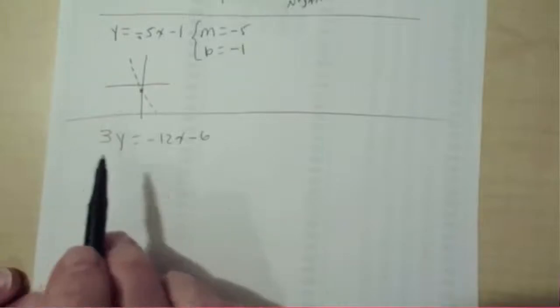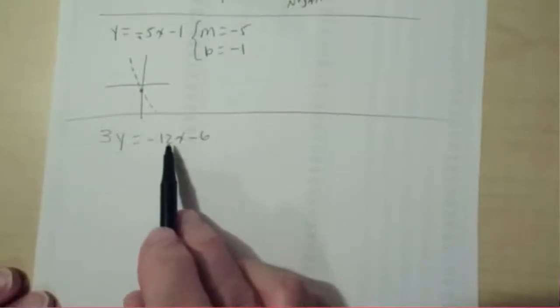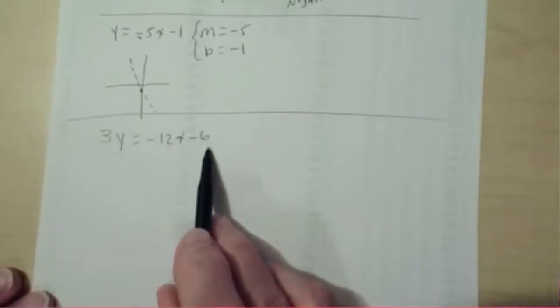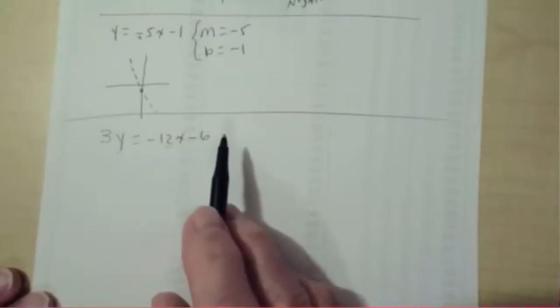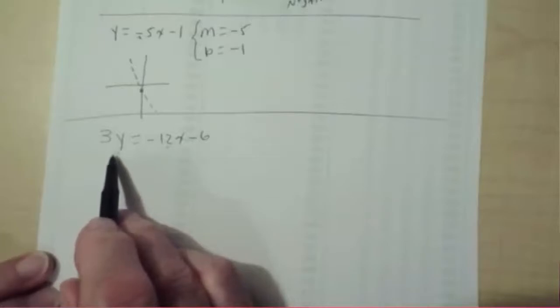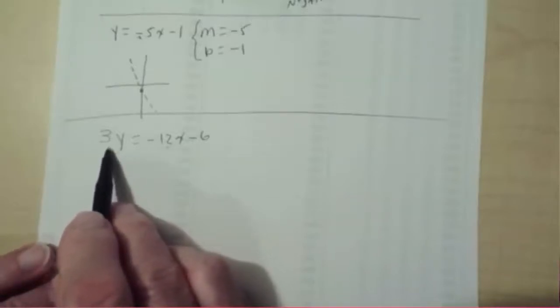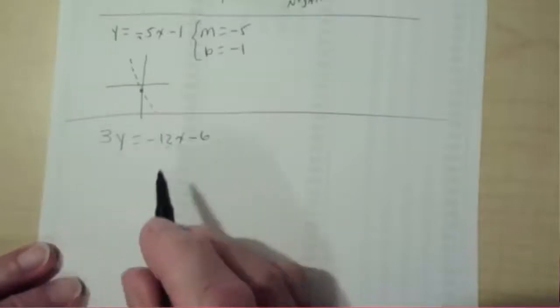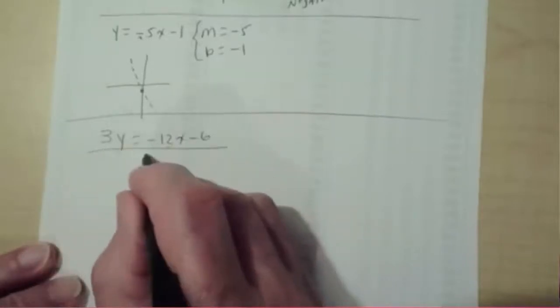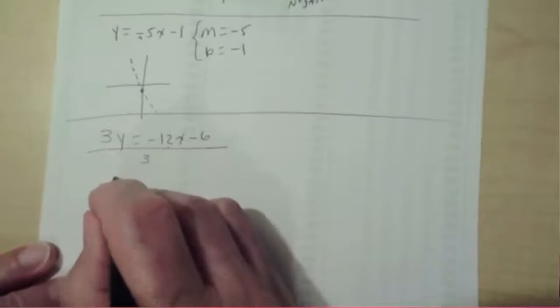Because it shows us the slope and the y-intercept, ergo the name slope-intercept. Okay, this is not in y equals mx plus b. We need the coefficient of y to be 1. So we divide everything by 3, and we get y equals negative 4x minus 2.